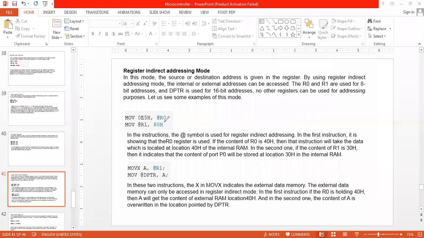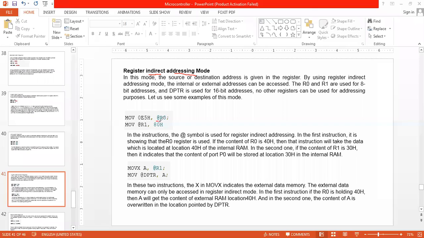See, now the at symbol is used for register indirect addressing mode. Okay, what is the reason? Now what will happen?